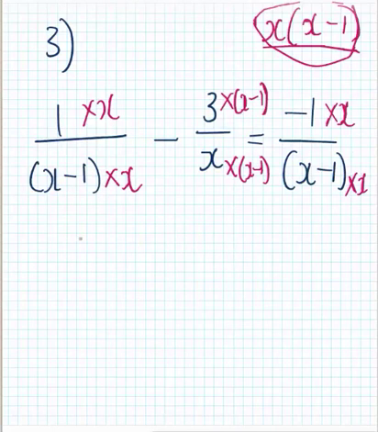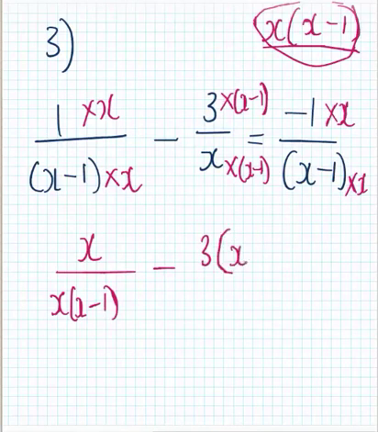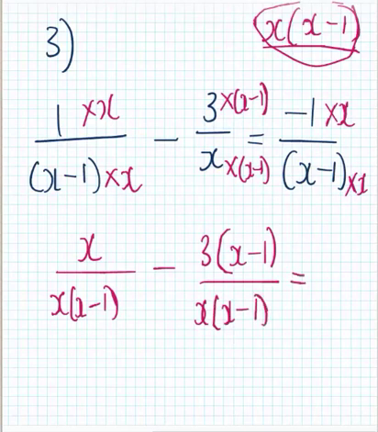So I've got x over x bracket x minus 1 minus 3 times x minus 1 over x bracket x minus 1, so that's the same, equals negative 1 times x is negative x over x bracket x minus 1. Now that my denominators are all the same, they just cancel out.